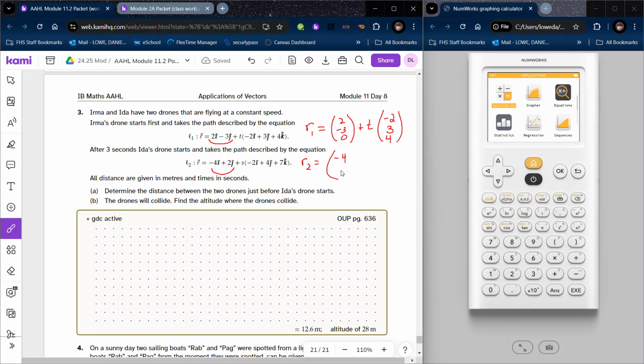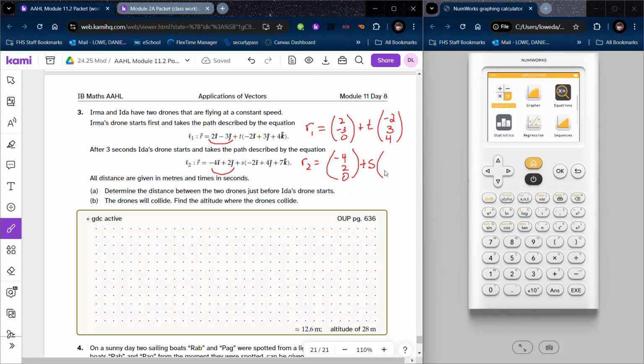And then R2 starts 6 units essentially to the left of the other drone. It looks to be 5 units in front of the other drone, but also starts on the ground.